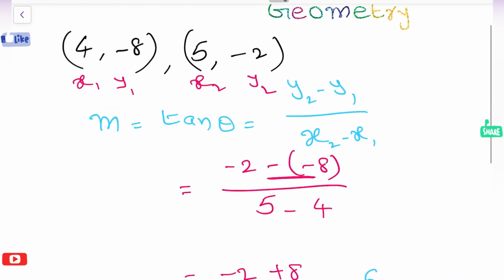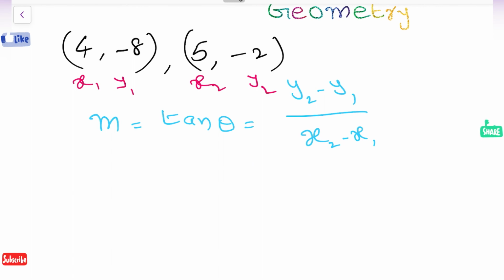Now the same question in reverse. If the slope of (4, k) and (5, minus 2) is 6, then find the k value.